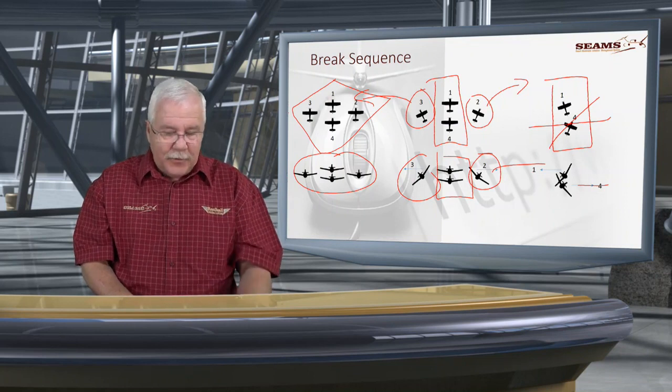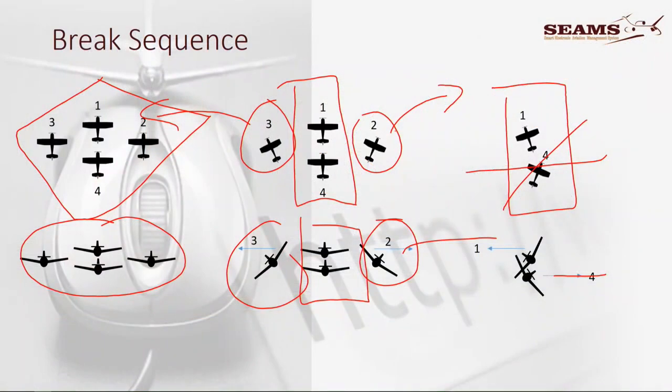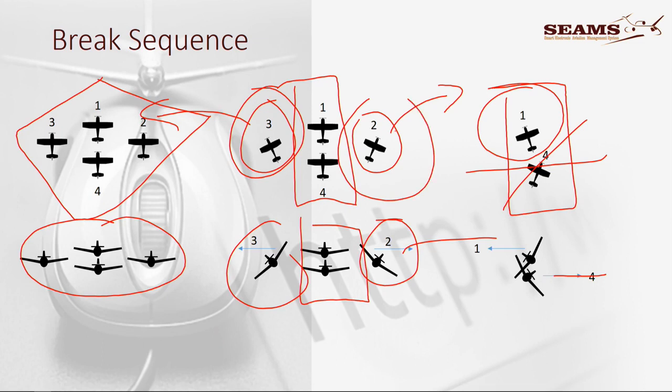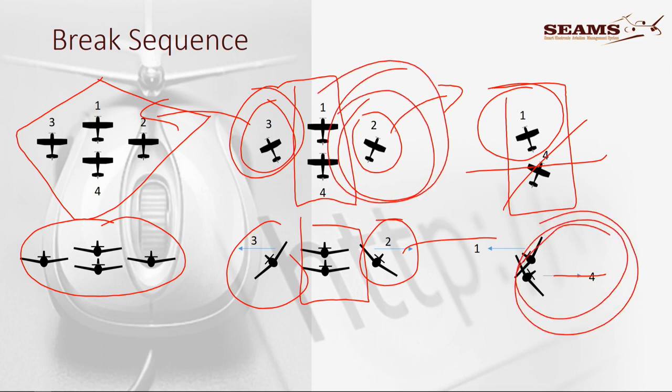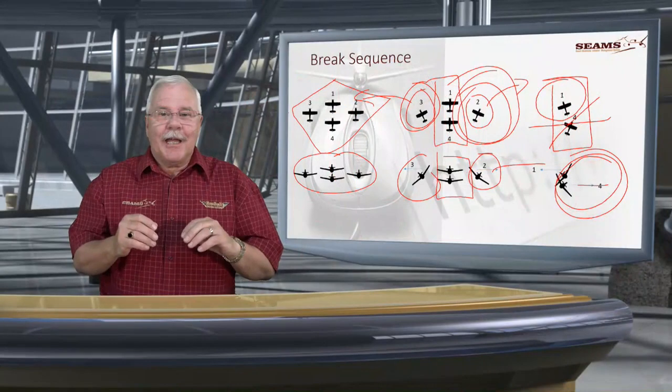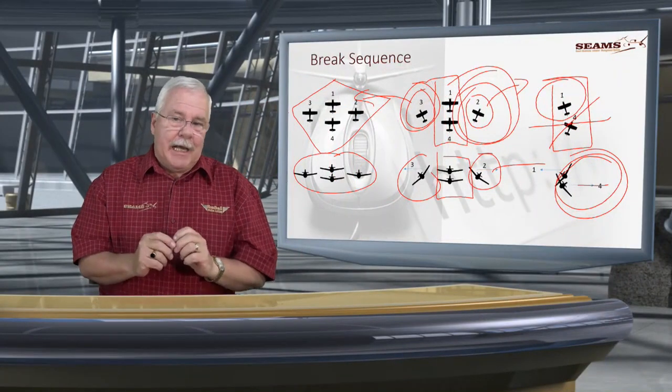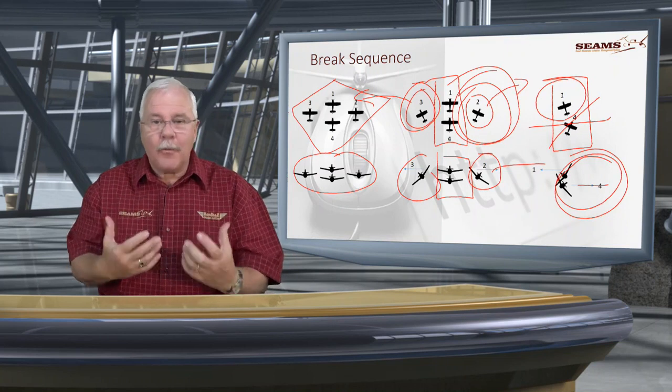Now let's just have a look at what I've done here and the sequences. The odd numbers brake to the left, and the even numbers brake to the right. It may not be how it would be ideal when you do that.